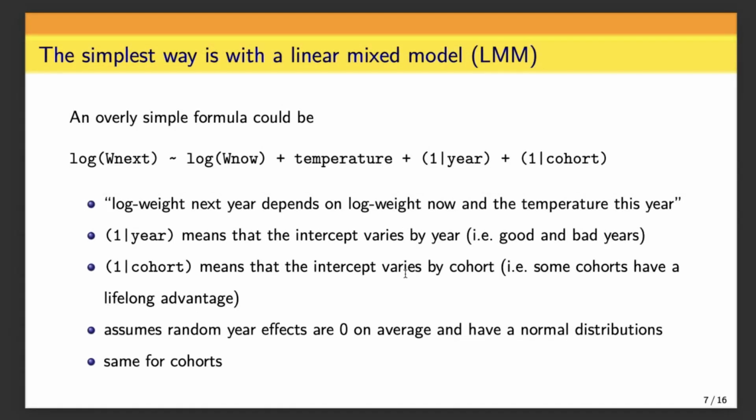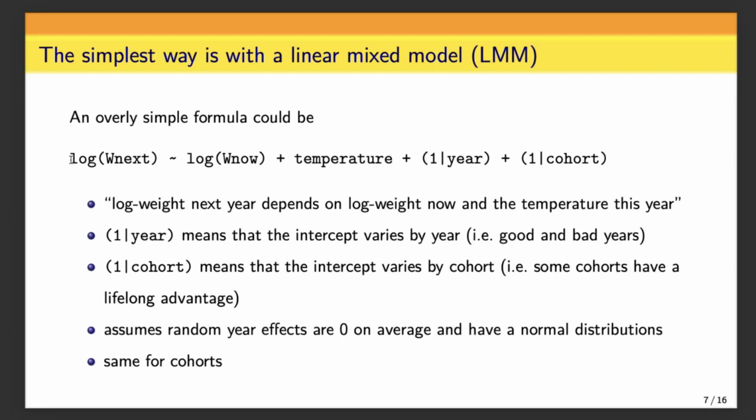The simplest way to model this is with a linear mixed model, which many of you are familiar with. You might be familiar with doing this in LME4 or GLMMTMB or many other packages and many other software.